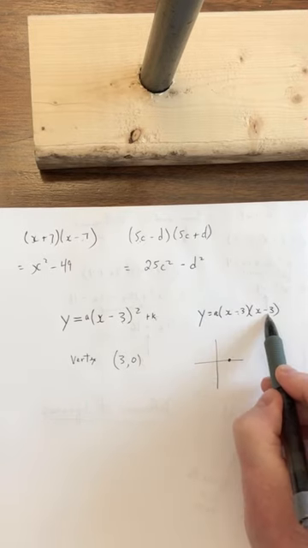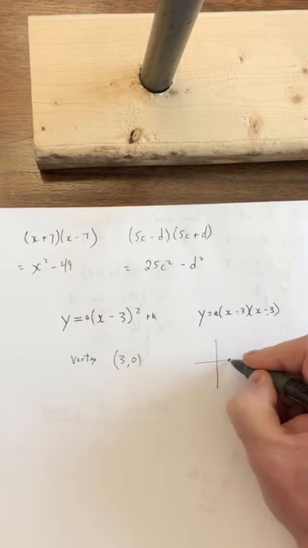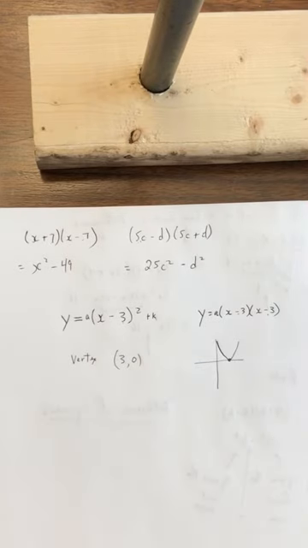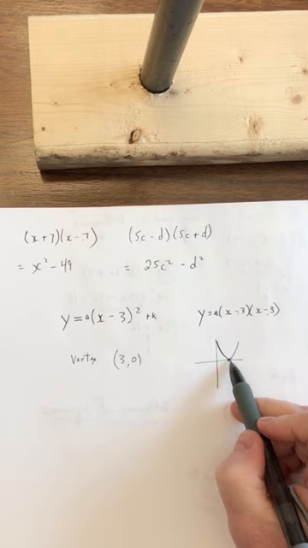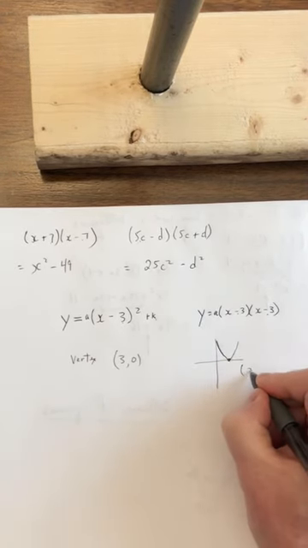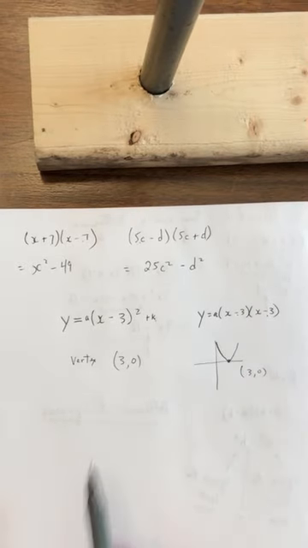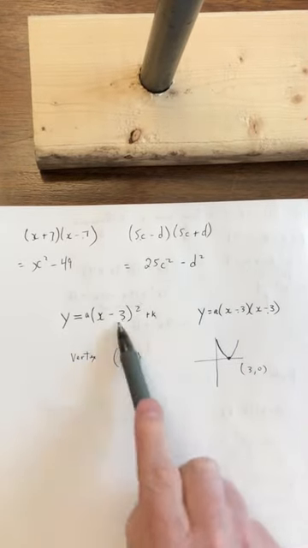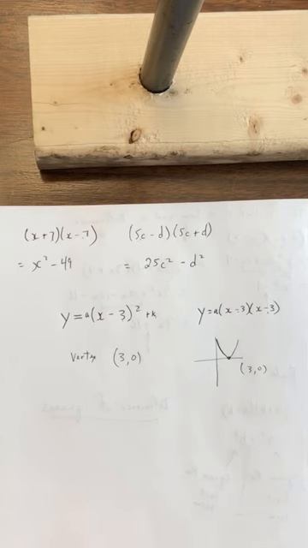We know we're also crossing the x-axis at 3. So that tells us that we only have 1, 0 in this case. Our parabola is only touching the x-axis at one spot. Once again, it's at 3, 0. So whichever way you are looking at this, you're going to get the same answer. So that's the coordinates of the vertex.